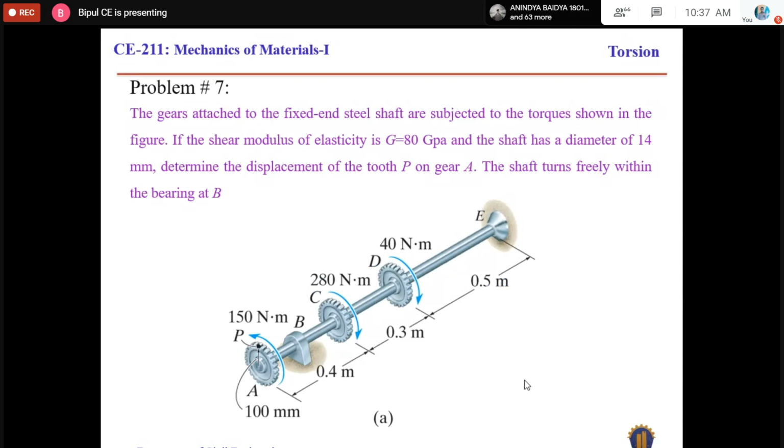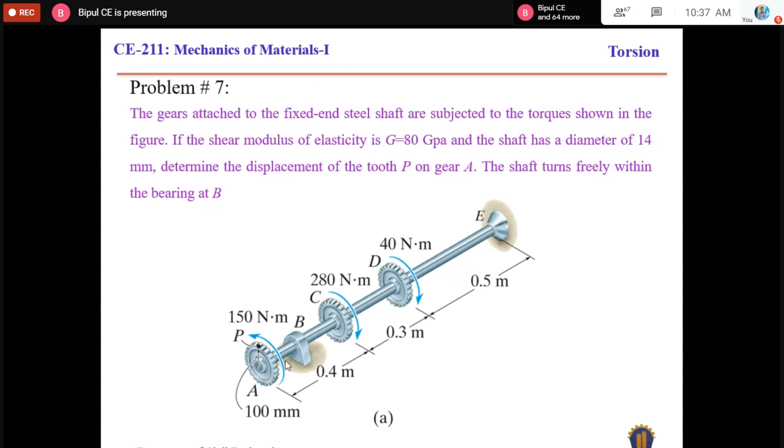This is another problem. Actually, there are three gears. One gear is A, another one is C, another one is D, and these three gears are attached to a shaft. It is a solid shaft, and the shaft is A to E. E is the fixed support, and there is another support B. At B it is a frictionless support.